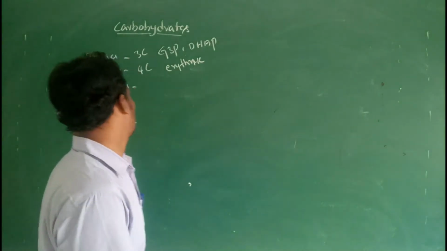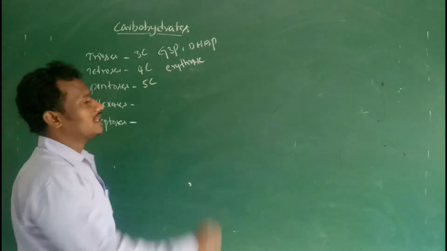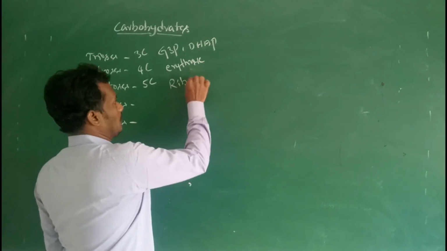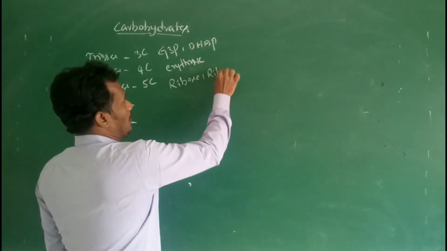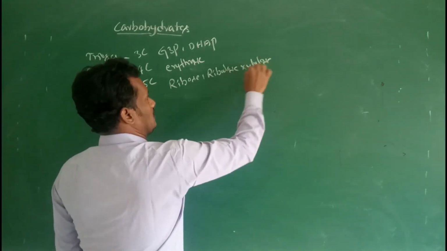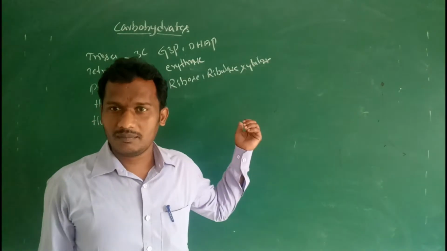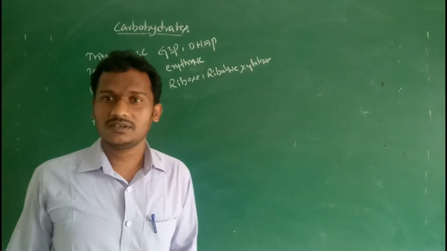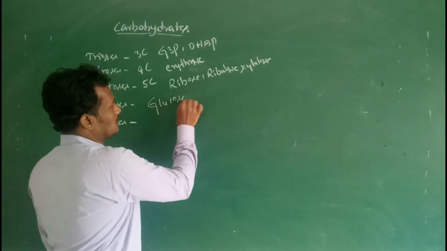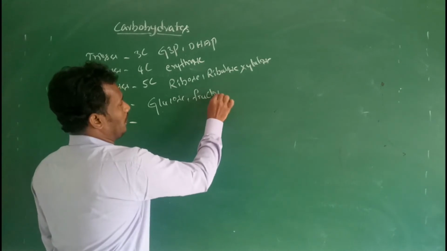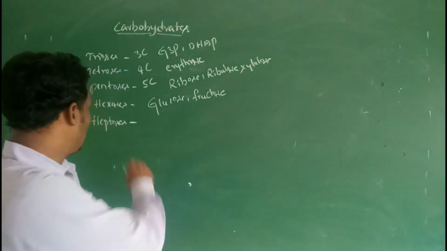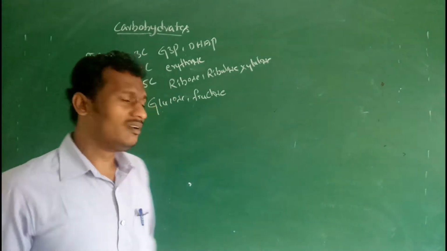Next one, pentoses, which are 5 carbon compounds: ribose, ribulose, xylulose, etc. Next, hexoses, 6 carbon compounds: glucose, fructose, etc. Next, heptoses, 7 carbon compounds.